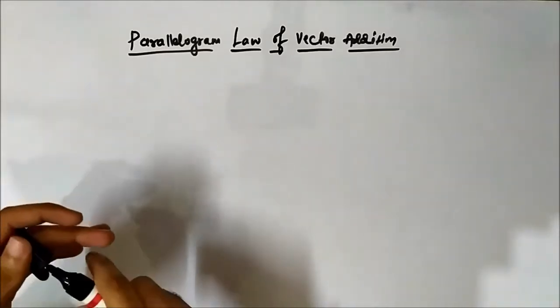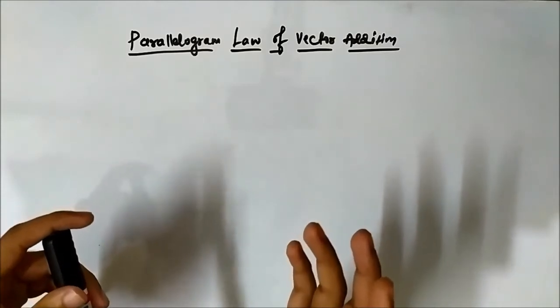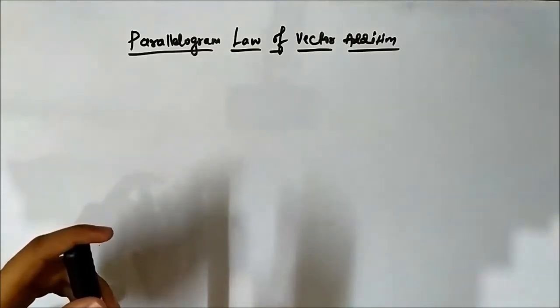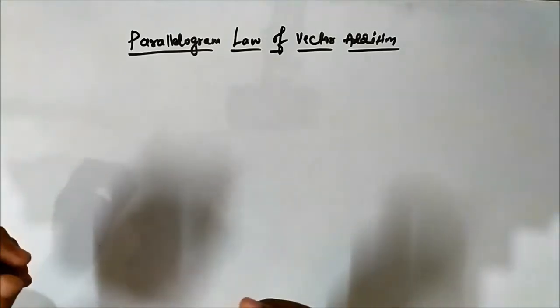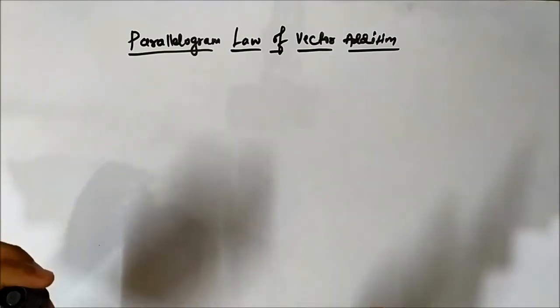It is basically a slight modification of the triangle law. The idea is the same, but there is a slight change in the way we look at things. That's the difference. The basic idea is the same.